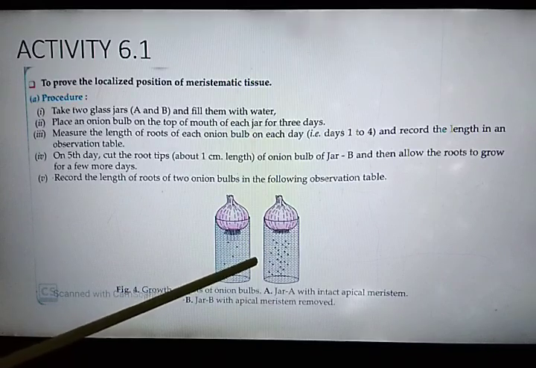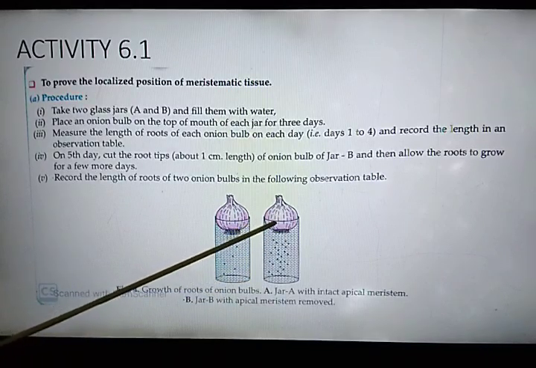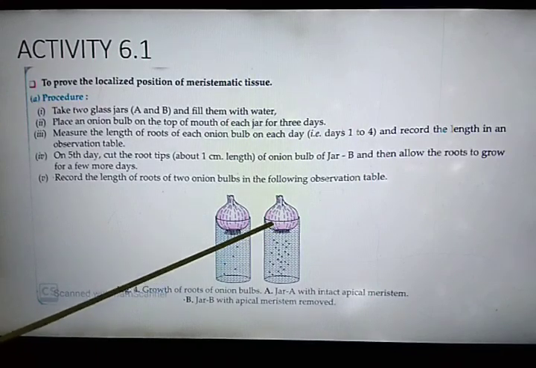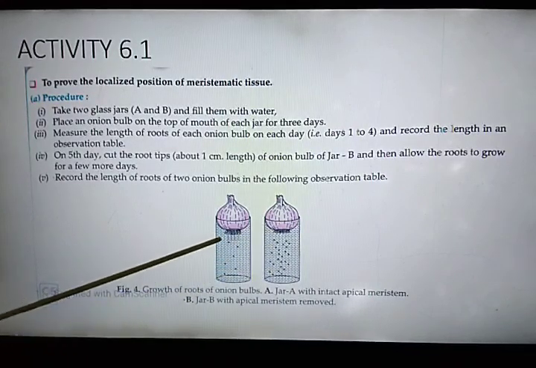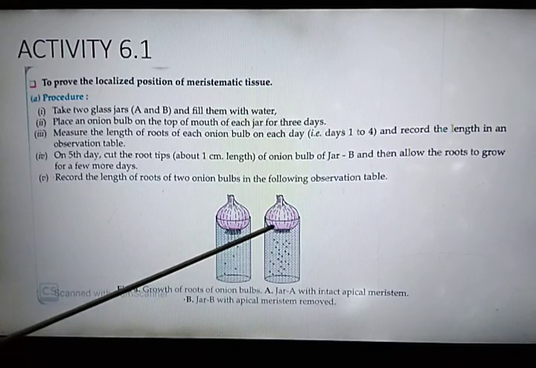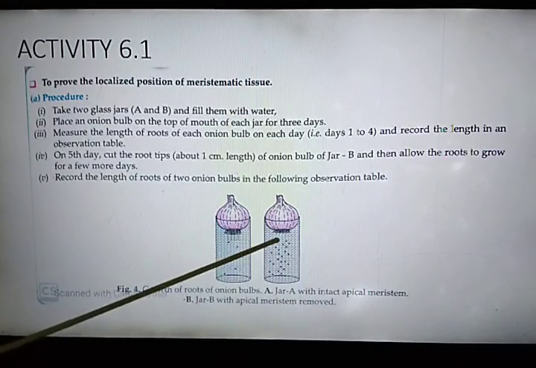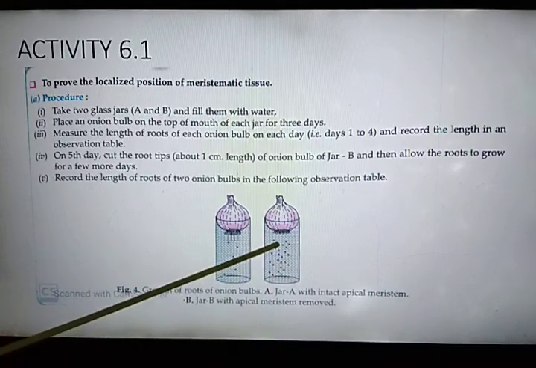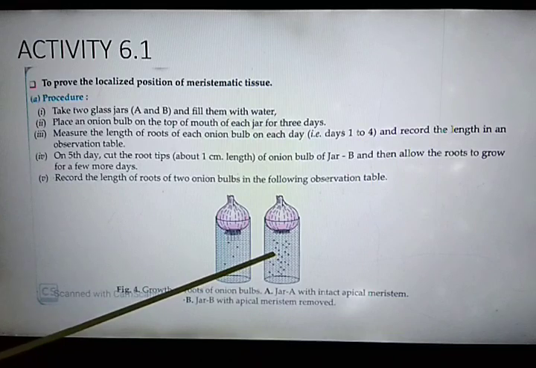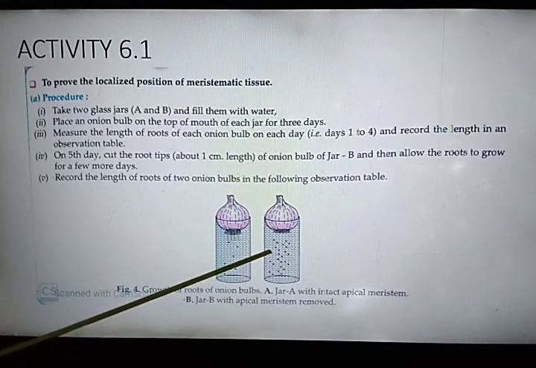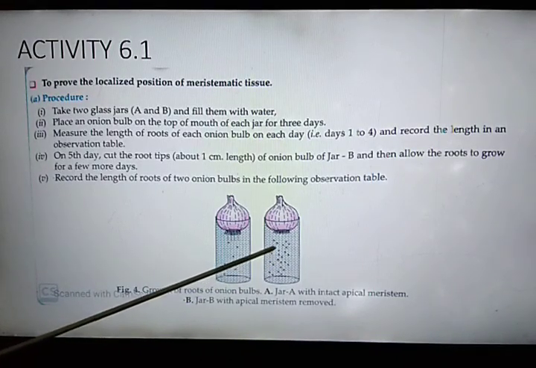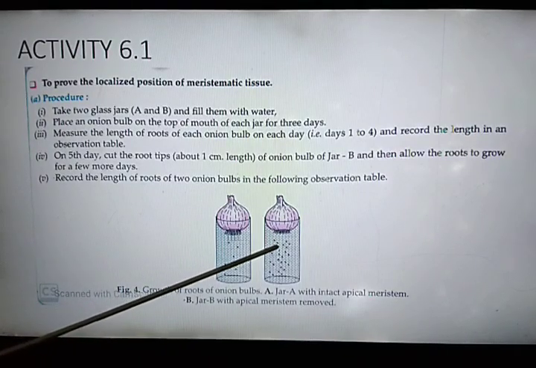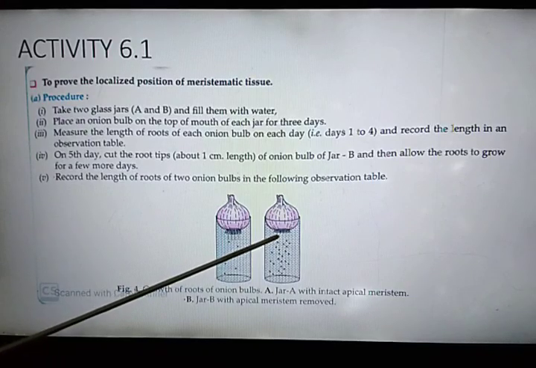Now, after placing the onion at the top of the glass, you have to measure the length of the roots of the onion with the help of a scale for 5 to 6 days. For the first 3 or 4 days, you will allow the roots to grow, and on the 4th day you have to cut the roots at the lower region, meaning half of the roots of one onion you have to cut.